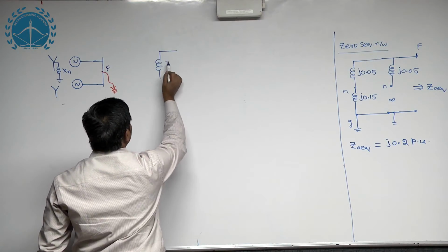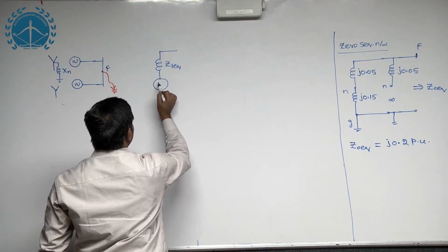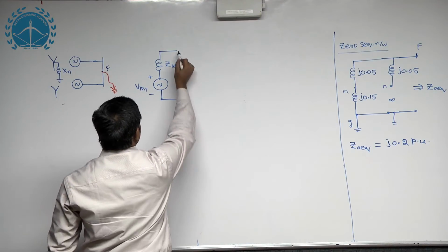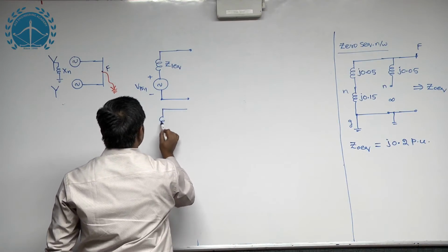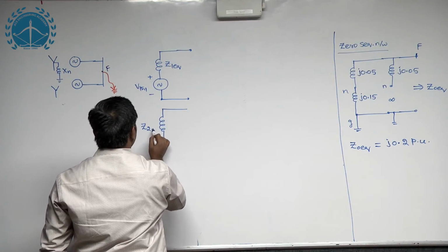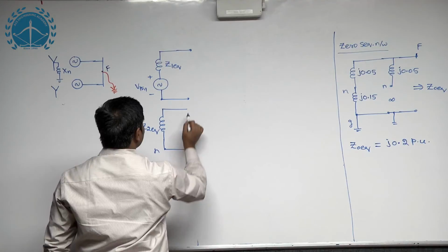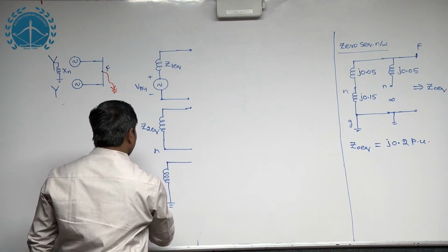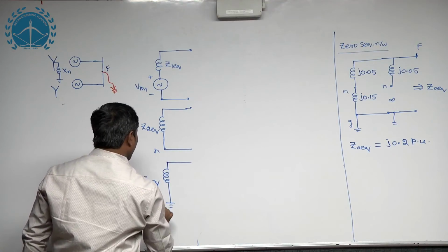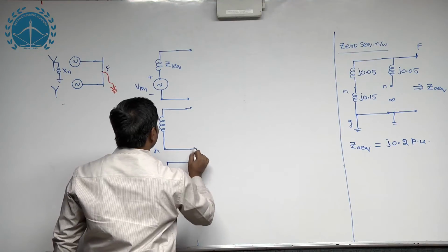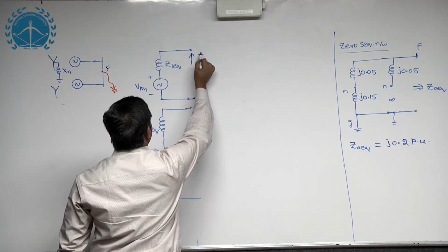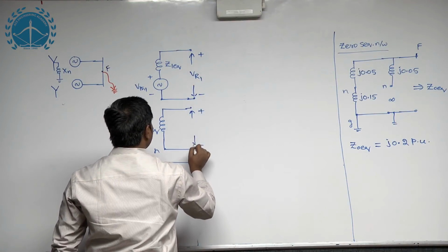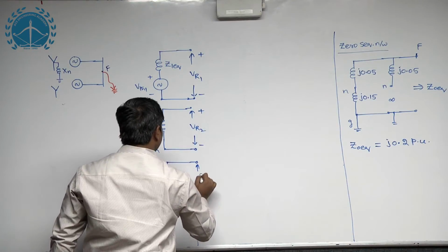Like this we can see Z1 equivalent with a voltage of V Thevenin 1 per unit, of course, this is a positive sequence circuit, and Z2 equivalent up to neutral, no voltage source as I said earlier, and the zero sequence circuit up to ground, Z0 equivalent, no voltage source, and these are the voltages, plus minus VR1, plus minus VR2, plus minus VR0.